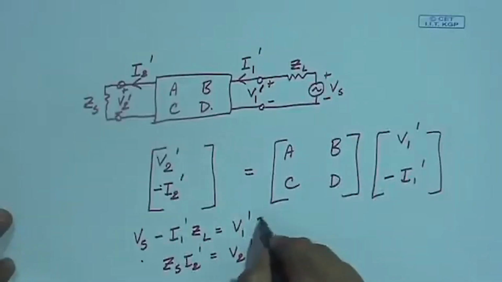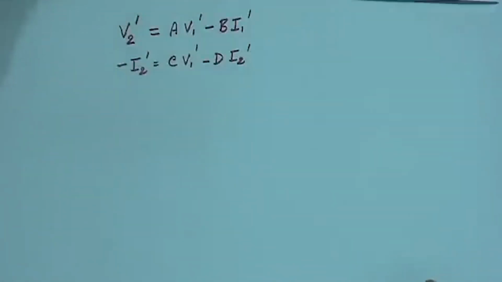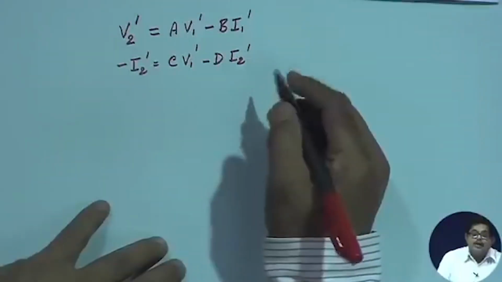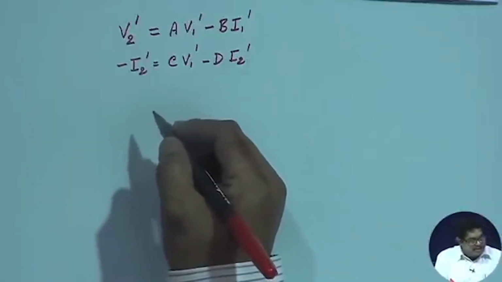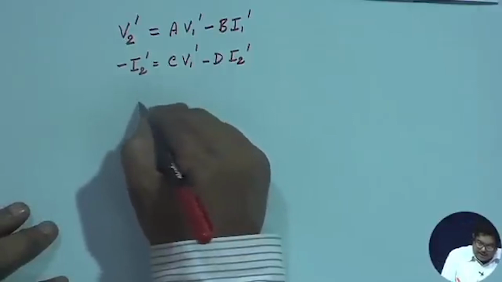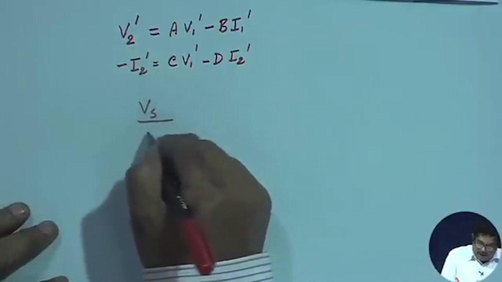Once I have the excitation and these two equations, I can now find the transfer impedance. What will be my transfer impedance? My transfer impedance is Vs by I2 dashed.